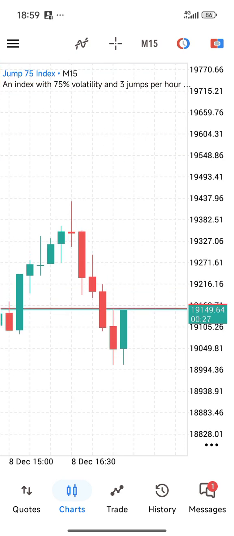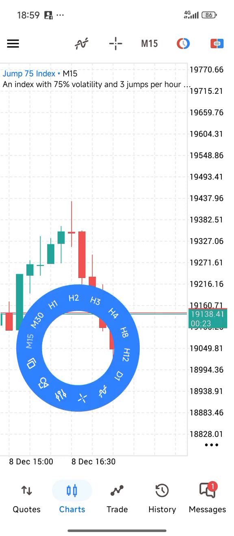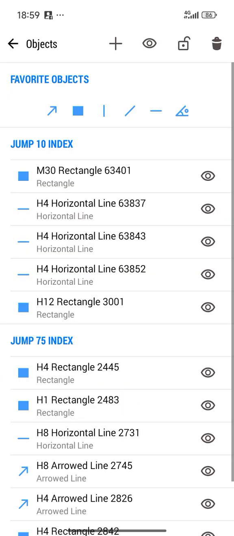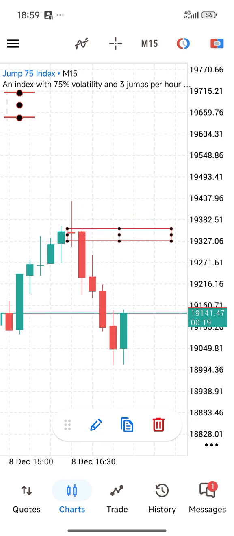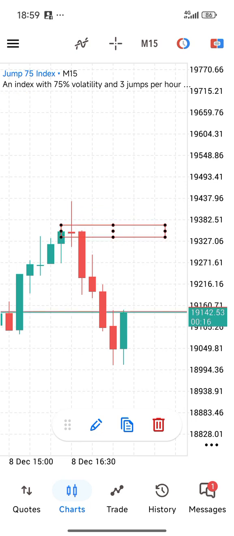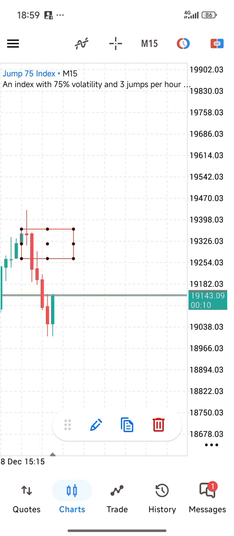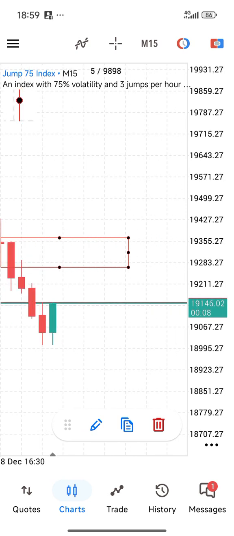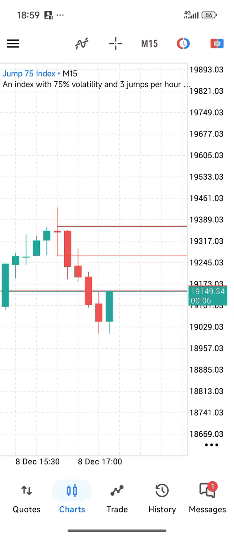Here, let's look for the bearish order block, which is this. This is your bearish order block. Do you know why?